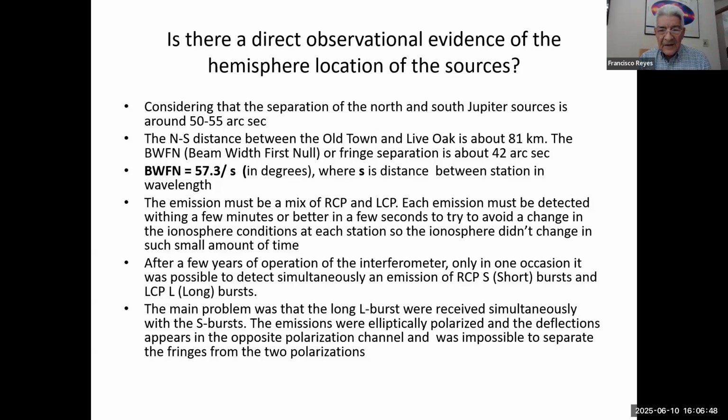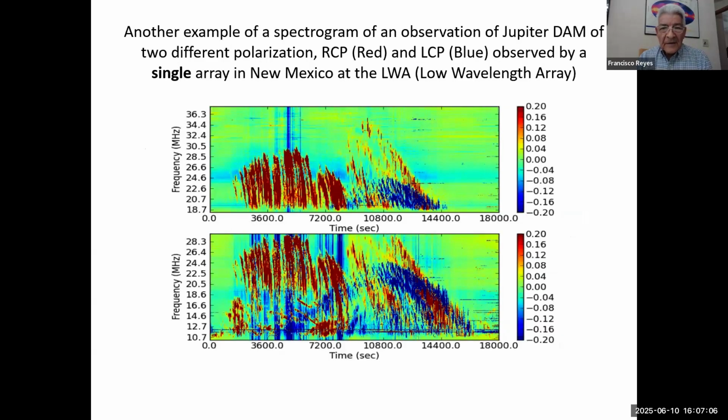We did a lot of changes there, but finally, according to Tom Carr, it wasn't clear that we were able to separate the emission from the two and actually detect the emission from one or the other hemisphere. So here we have another example in which you can receive the right hand and left hand emission.